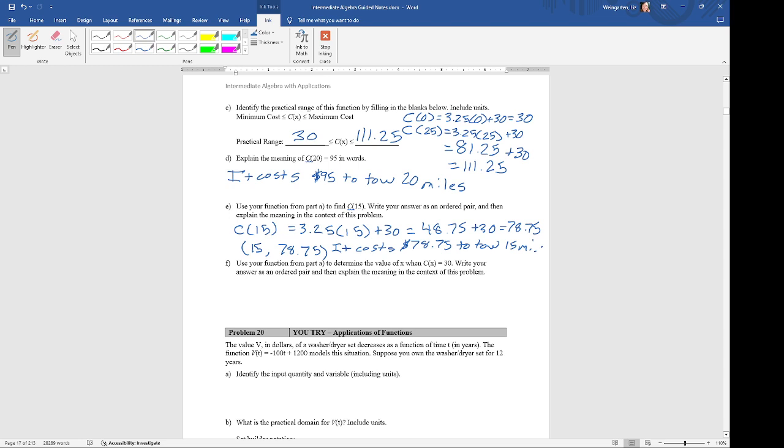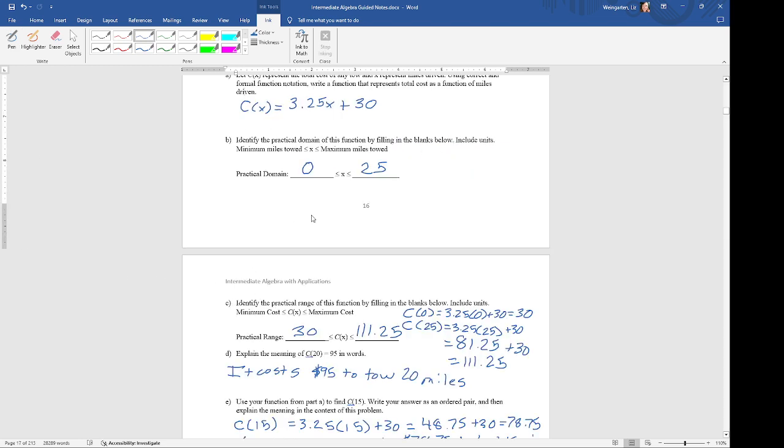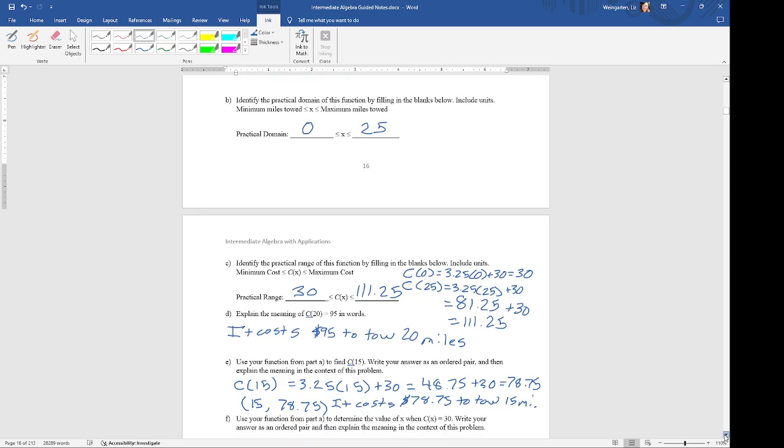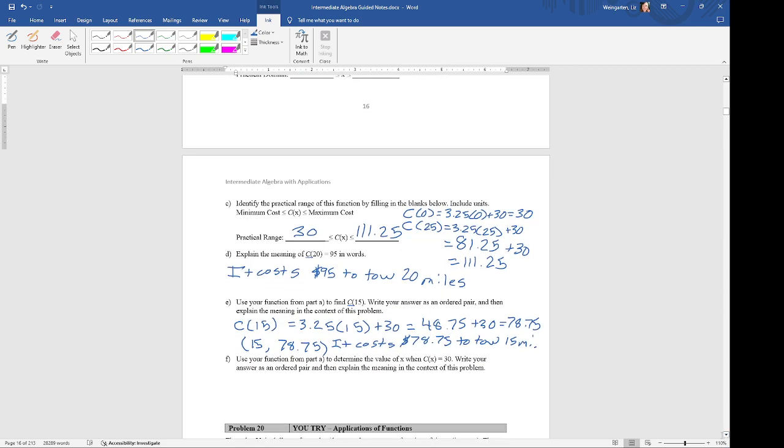Now we want to figure out when the cost is equal to 30. So here's our original function C of x. We want to set that function equal to 30. So let's go ahead and do that. $3.25 times x plus 30 equals 30.